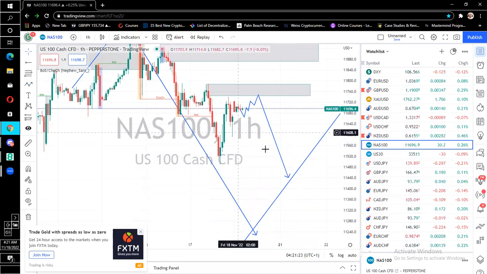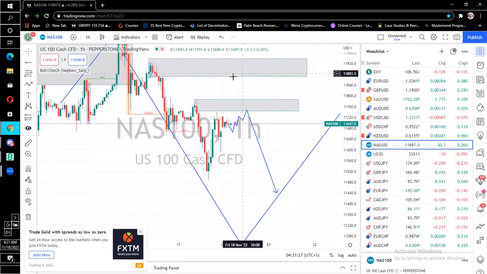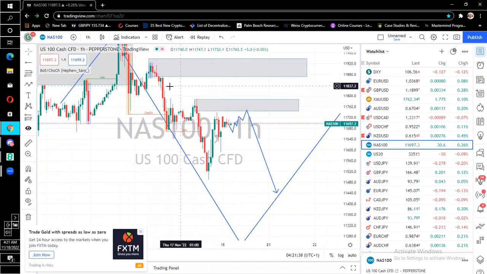Another possibility is that the market finds a way to come back to this particular OB that was created, that broke this particular structure down. Now, we might also see something like this happen.